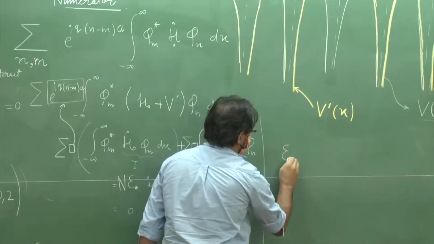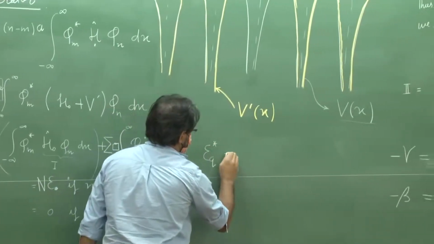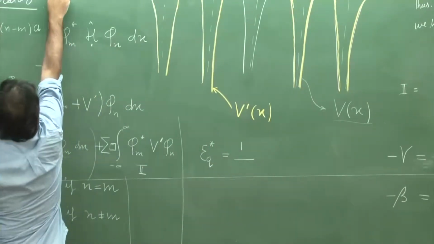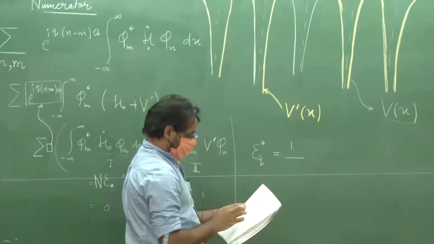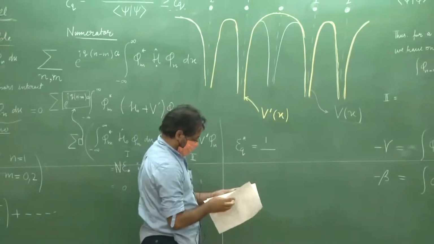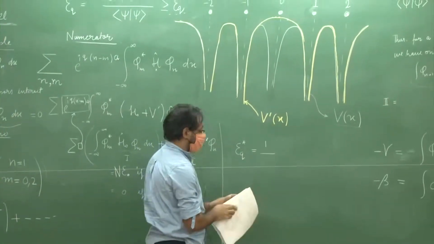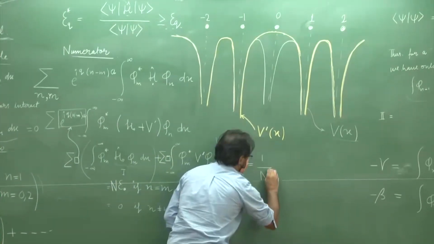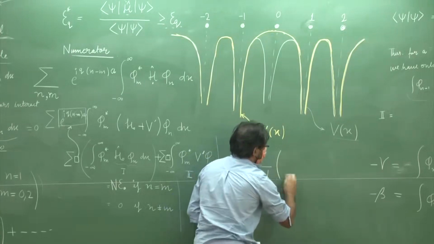E_q star is equal to 1 by the denominator, and we evaluated the denominator right in the beginning; its value was capital N. Then we write here the numerator.